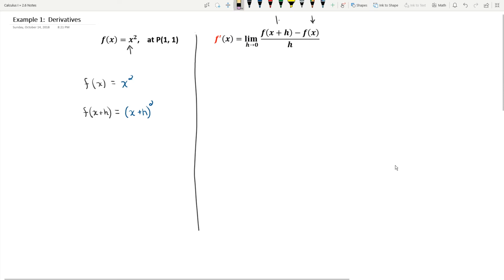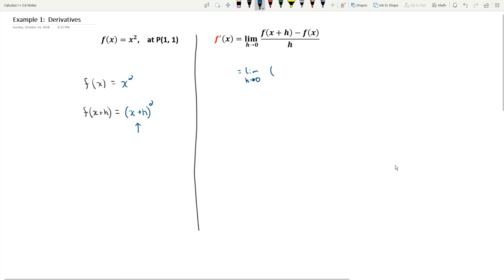So let's go ahead and rewrite this as the limit as h approaches 0. And we're going to replace this first position, f of x plus h, with what that's equal to. And we said it's equal to x plus h squared.